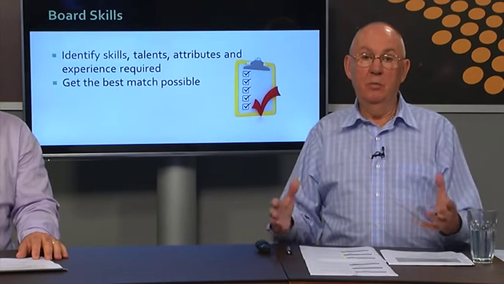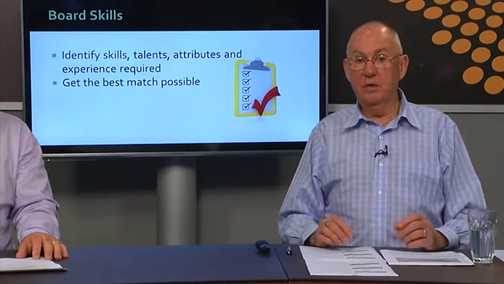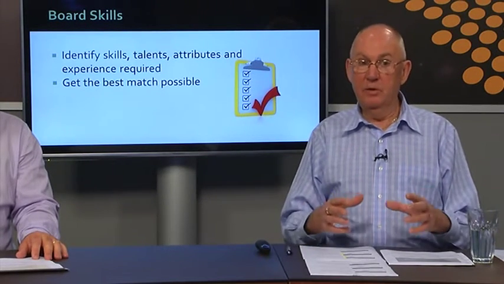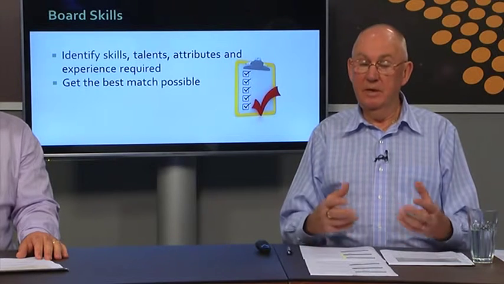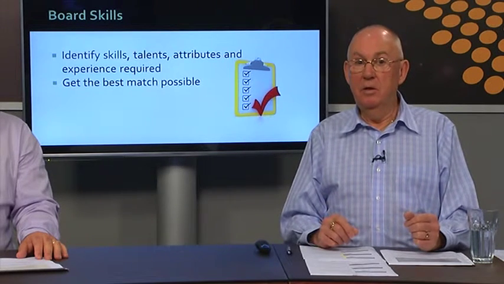And of course, we all understand that in some of these small communities, the pool of people that you're drawing from is not going to be that large. But at least if you've gone through the skills matrix process and you know where the gaps are, then you can do some planning to train people up or to seek out other people to come in and fill the gaps. I mean, this is true as much in business as it is in not-for-profits, isn't it, Andrew?